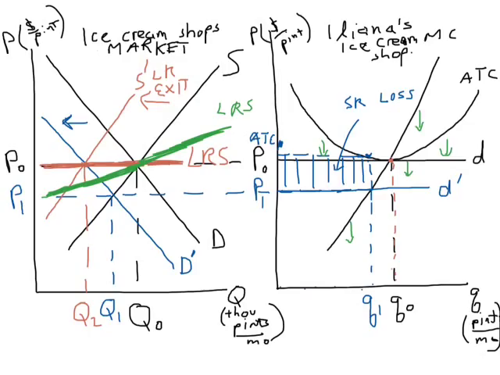The reverse would be true too. If there's entry into the steel market, then the cost of iron ore is being bid up, and for the new entrants as well as the incumbents, the costs of iron ore are going up.